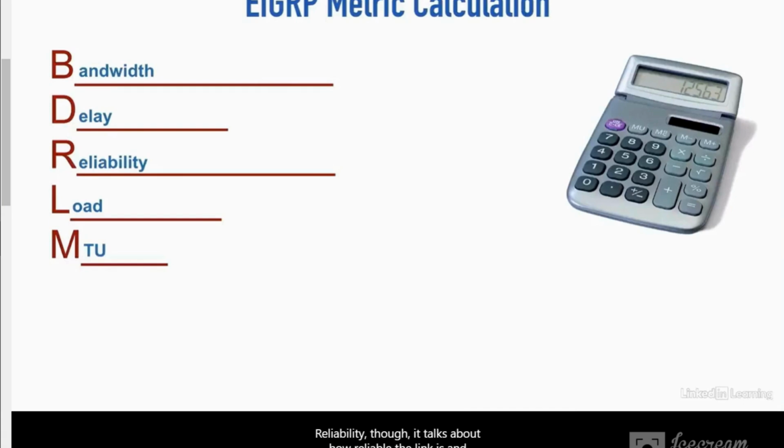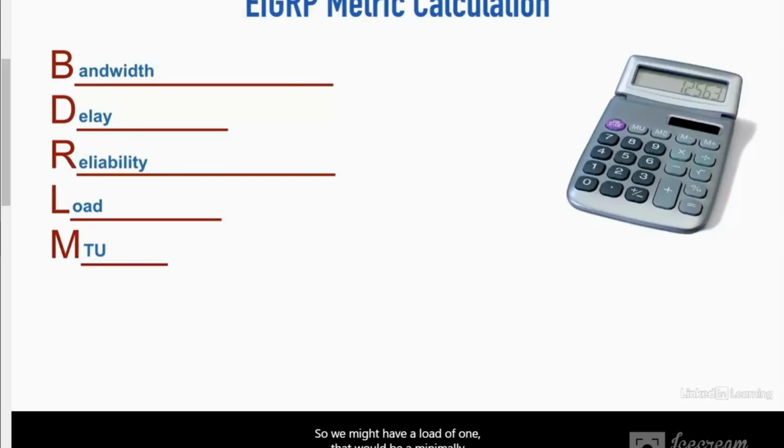Reliability, though, it talks about how reliable the link is. And it's some number over 255. If we're not dropping packets, we're 100% reliable, then that value is going to be 255. The load describes how busy our link is. Even though a link might be a high-speed link, if it's congested, it's still not a good link for us. So load is a number over 255, where a minimally loaded link would have a value of 1 over 255.